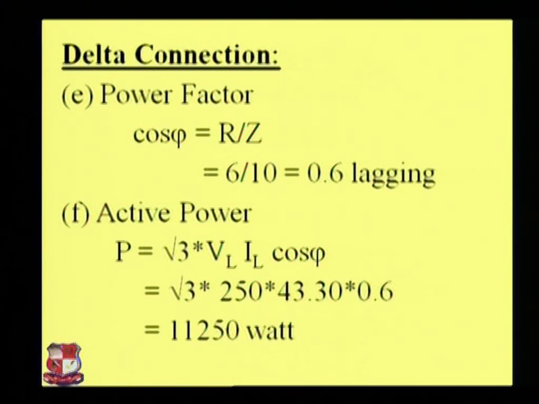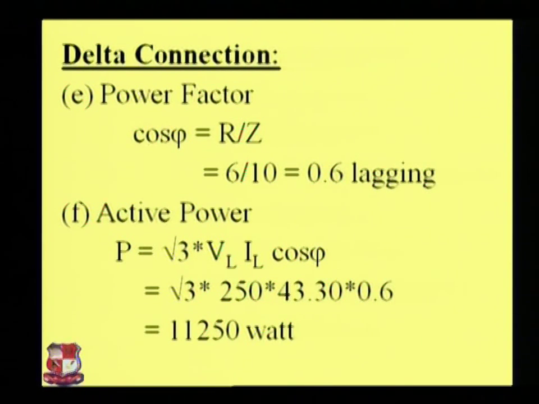You have to mention it here, and we can see that the power factor is well below 1, so it is 0.6 lagging. It can be lagging or leading, and if cos phi equals 0, then it is at the origin, the 0 level.